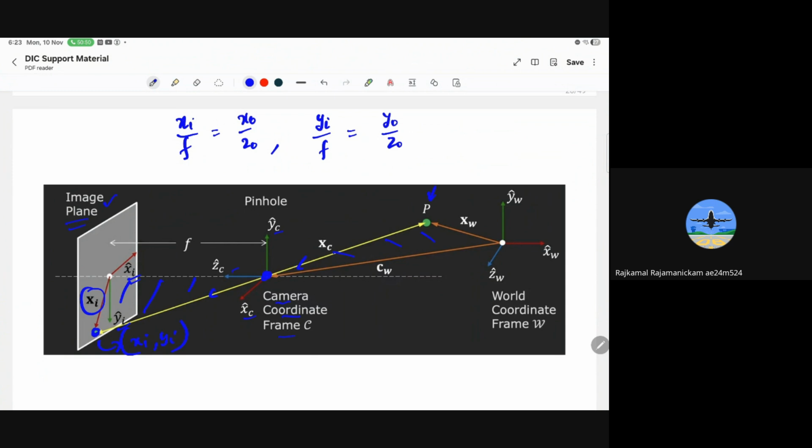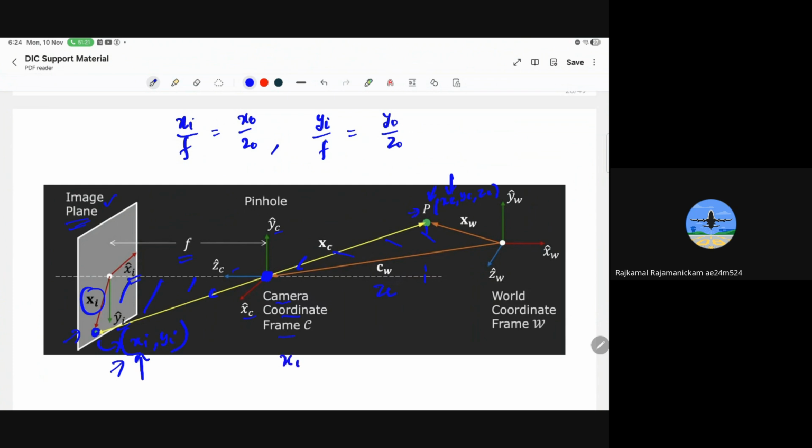The distance from pinhole to the image plane is F, whereas the distance from the camera coordinate system to this point is ZC, and the coordinates here are XC, YC and ZC. That is how we can relate the x coordinate of this point in the image to the x coordinate of this point in the camera coordinate system.